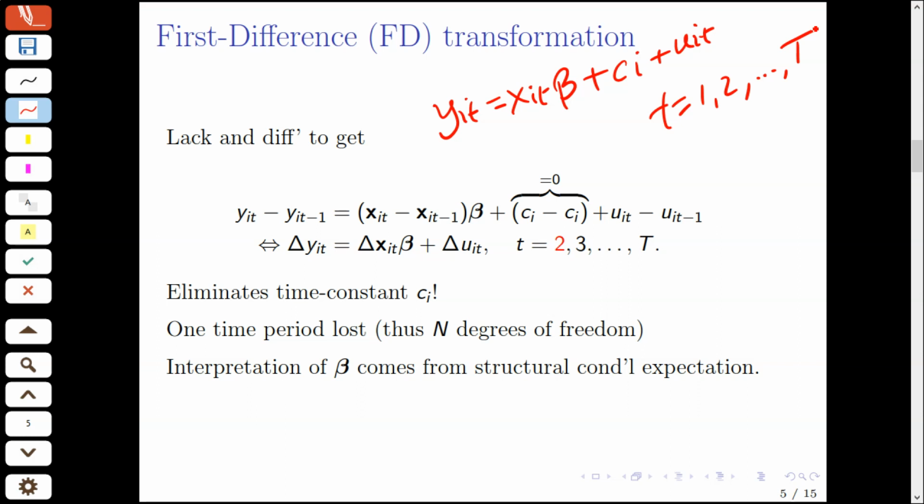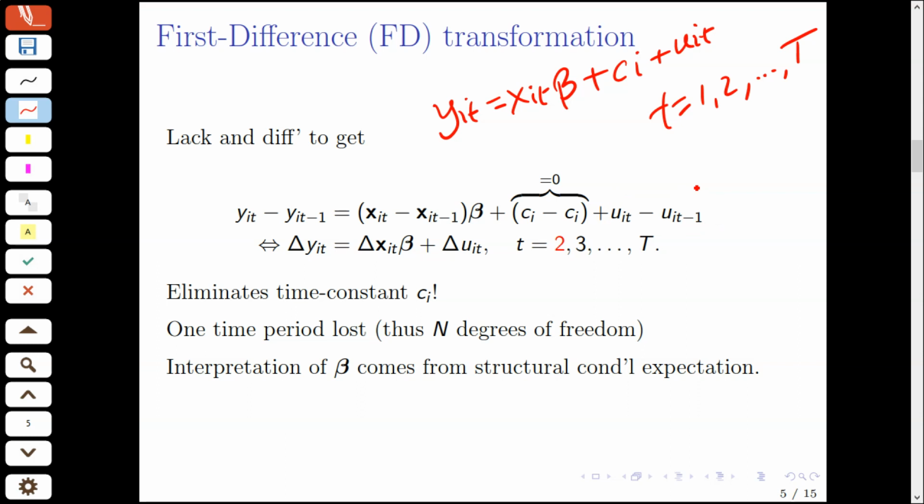If we lag it one period of time and subtract the resulting equation from our original equation, we arrive at an expression for the differences in outcomes in two adjacent periods, stating that it is linear in the differences in regressors up to an unobservable term, which is composed by the differences in the original unobservable terms.